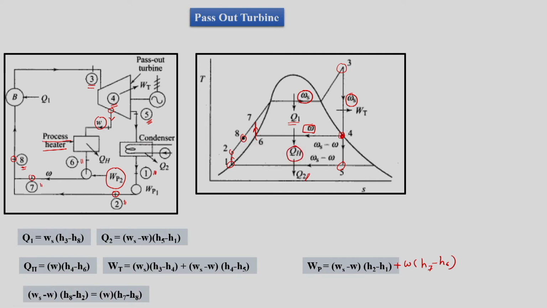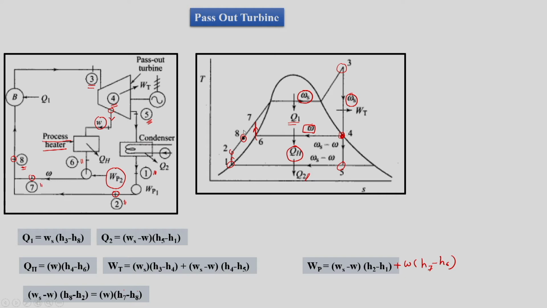Then we have Ws minus W into H8 minus H2. This is the increase in enthalpy of the water. Water increases its enthalpy from 2 to 8, but we also have W amount of water which is changing its enthalpy from H7 to H8.